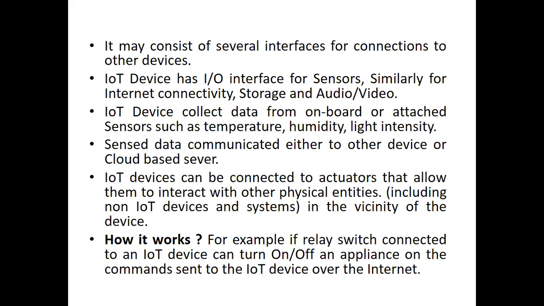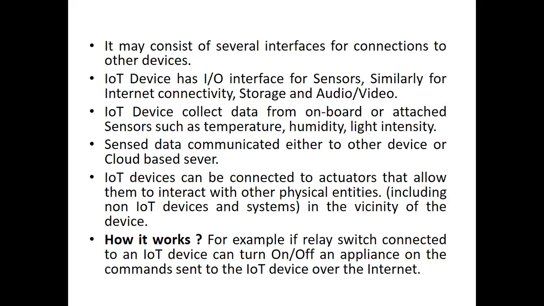It may consist of several interfaces for connection to other devices. All these things I have already discussed in the diagram, so once again, I read this. IoT devices have IO interfaces for the sensors, for example UART, SPI, CAN, all these are interfaces.